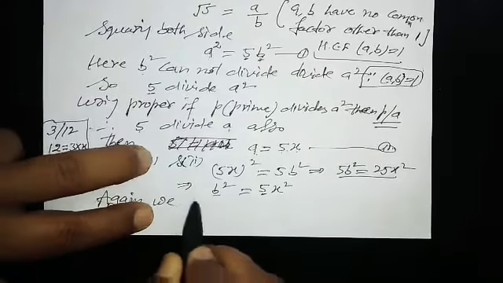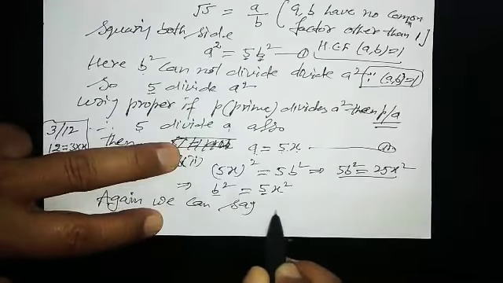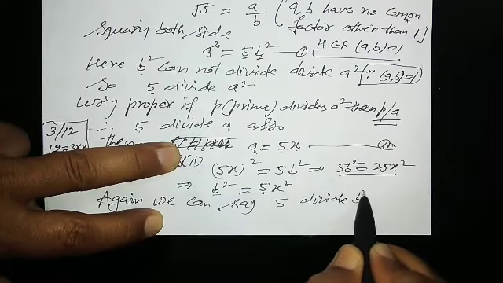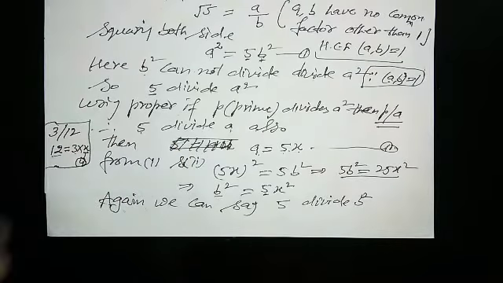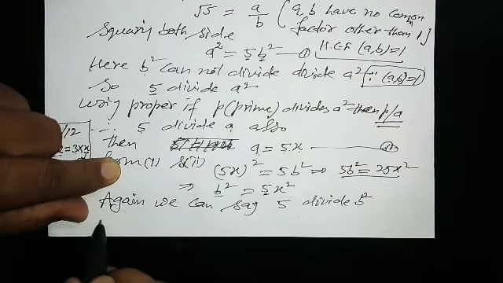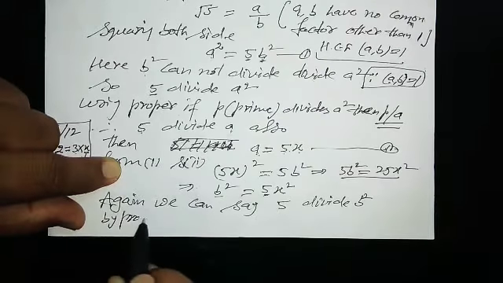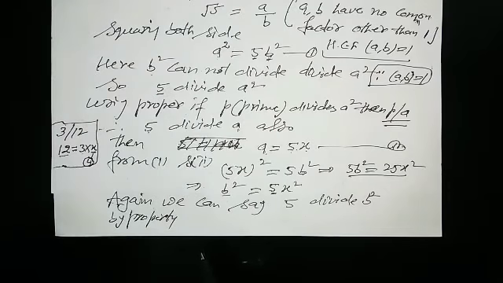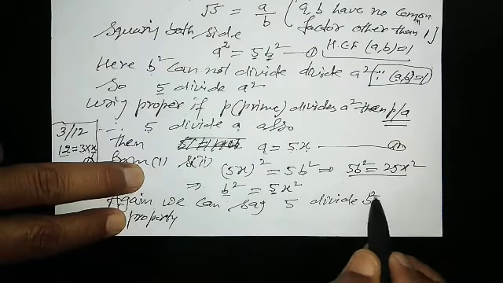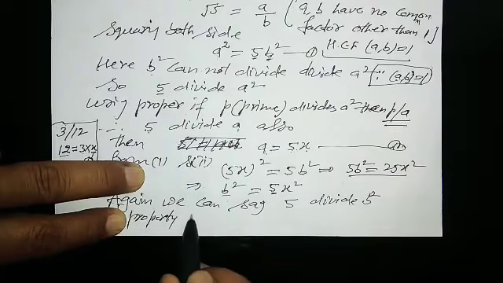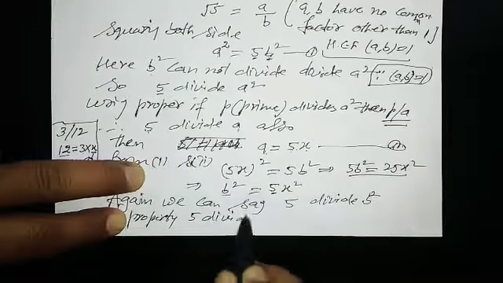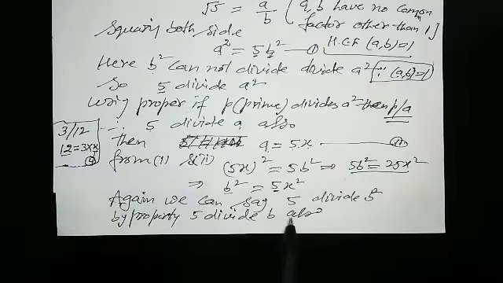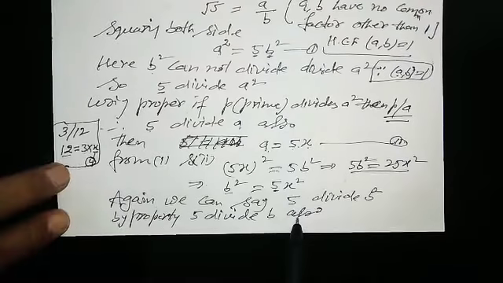Again we can say 5 divides b square, right? And again using that property, what property says, 5 divides b also. 5 divides b square, 5 divides b also.